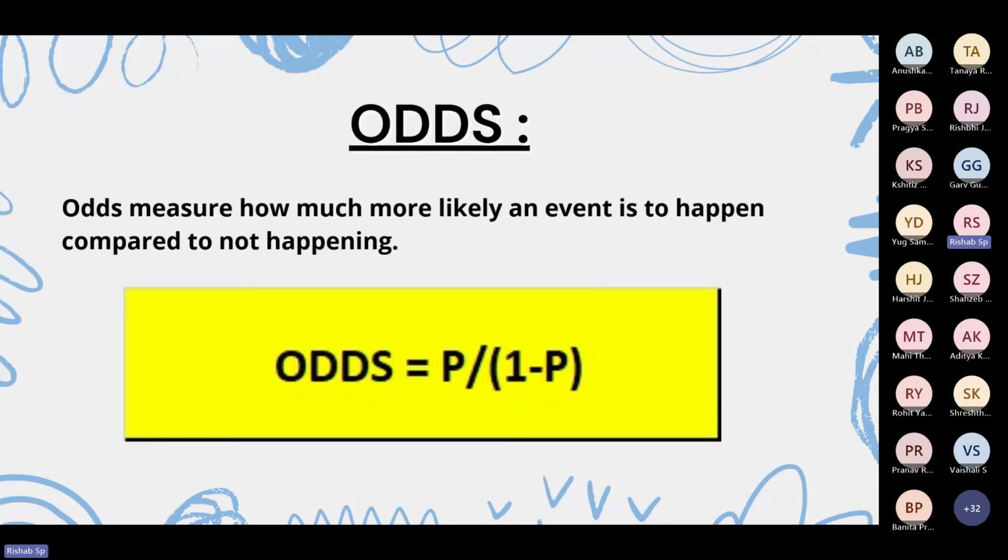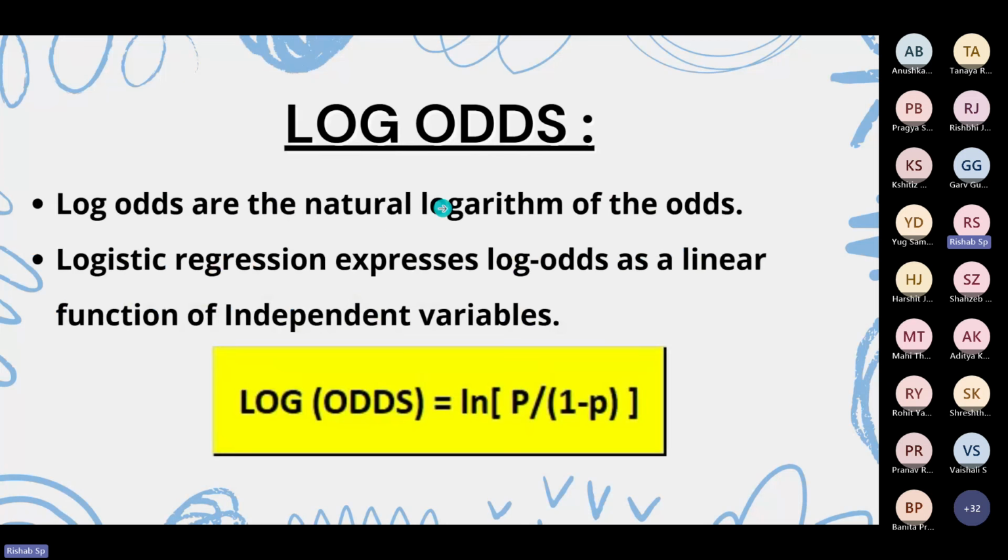We'll start it now. Before that, there is another concept, log odds. Log odds are the natural logarithm of the odds. By the name itself, you might know. Logistic regression expresses log odds as a linear function of independent variables. Just be aware of this statement.